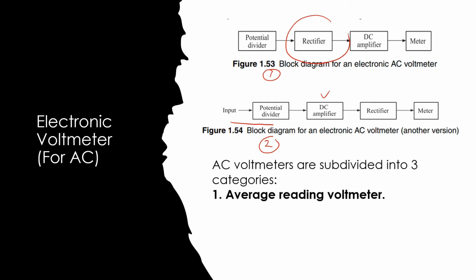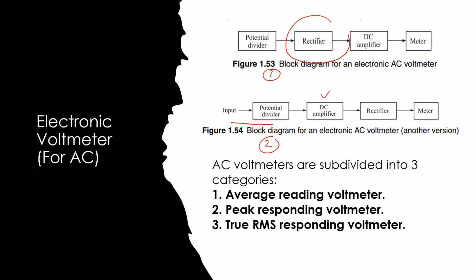And AC voltmeters we can divide into three categories. The first one is the average reading voltmeter, the second is the peak responding voltmeter, and the third is the true RMS responding voltmeter. The difference between the average and peak responding voltmeter is in the filter circuit.